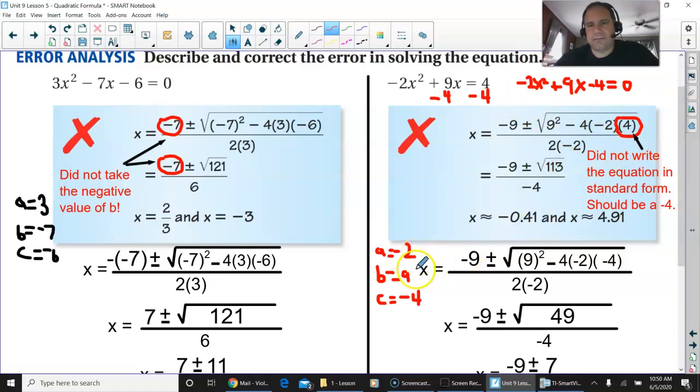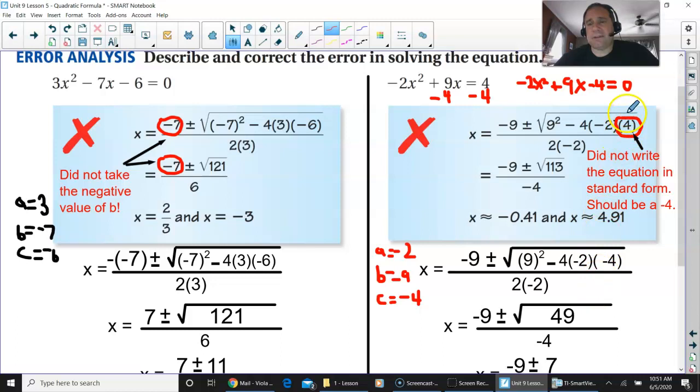A is -2, B is 9, and C is -4. So when this person substituted in, they substituted in correctly, made this negative, that's the B, plus or minus the square root of B squared, which is 9 squared, that's okay, minus 4 times -2, which is the A, times the C, which is -4, but they put 4.